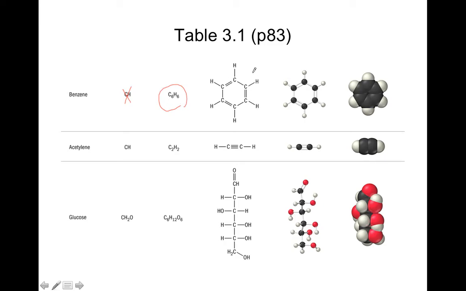This was a structural formula. Remember, this was an empirical formula. This was a molecular formula. Remember this? This was a structural formula. We call this ball and stick. And this we called space filling. Good to look at those and ask yourself what's going on here, okay?